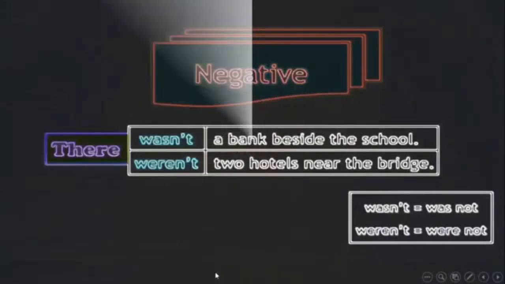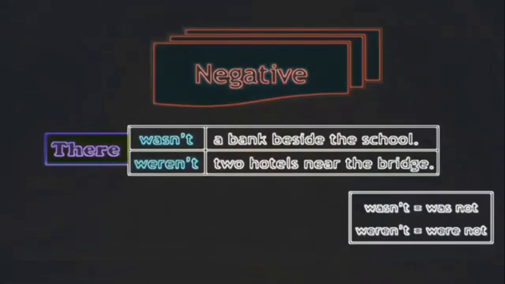To make a negative sentence with there was and there were, also, my students, only add not to was and were. Look here. Only add not or n apostrophe t to was or were to change them from positive to negative. It's very easy.